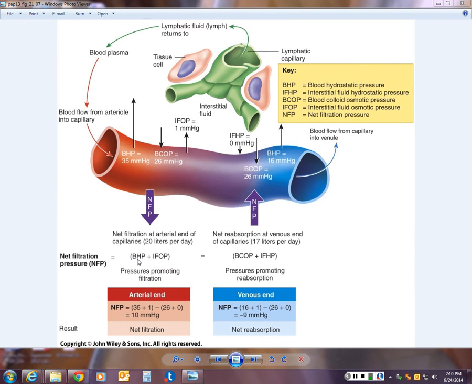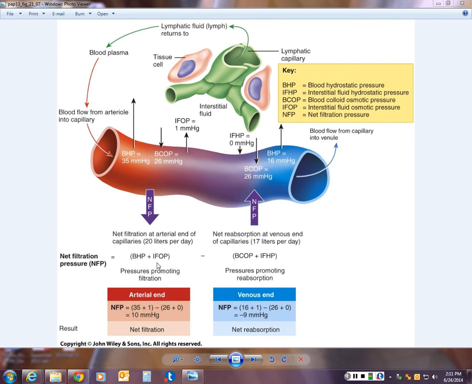So blood hydrostatic pressure and interstitial fluid osmotic pressure both drive filtration. Blood colloid osmotic pressure and interstitial fluid hydrostatic pressure both promote reabsorption. So this becomes our equation for net filtration pressure: blood hydrostatic pressure plus interstitial fluid osmotic pressure, minus blood colloid osmotic pressure plus interstitial fluid hydrostatic pressure.